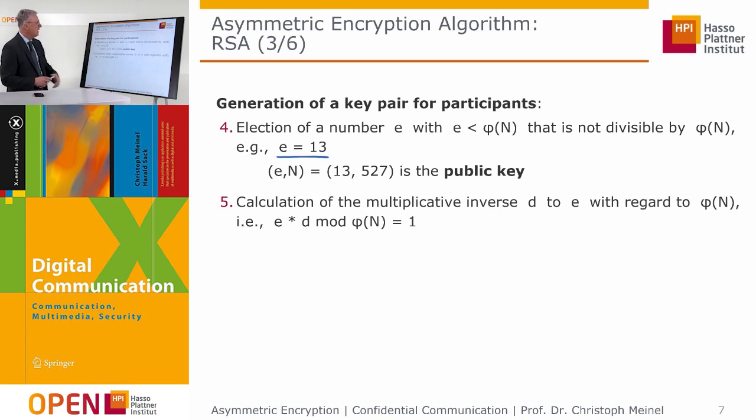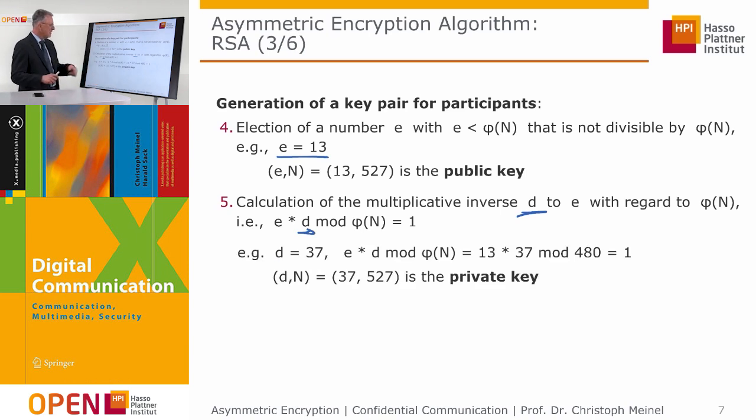And then we have to find the multiplicative inverse d of e with regard to modulo phi of n. In our case, the computation gives 37 in our simple example, because e times d, 13 times 37, modulo 48 is equal to 1.